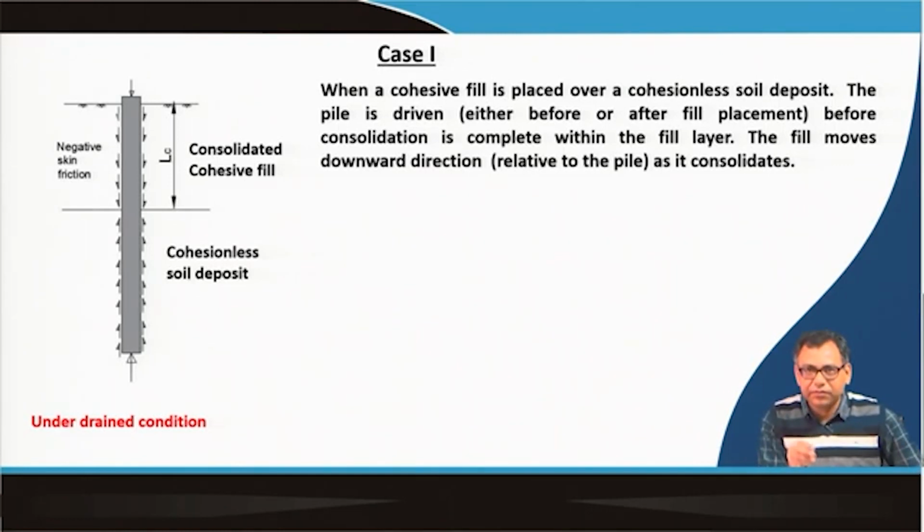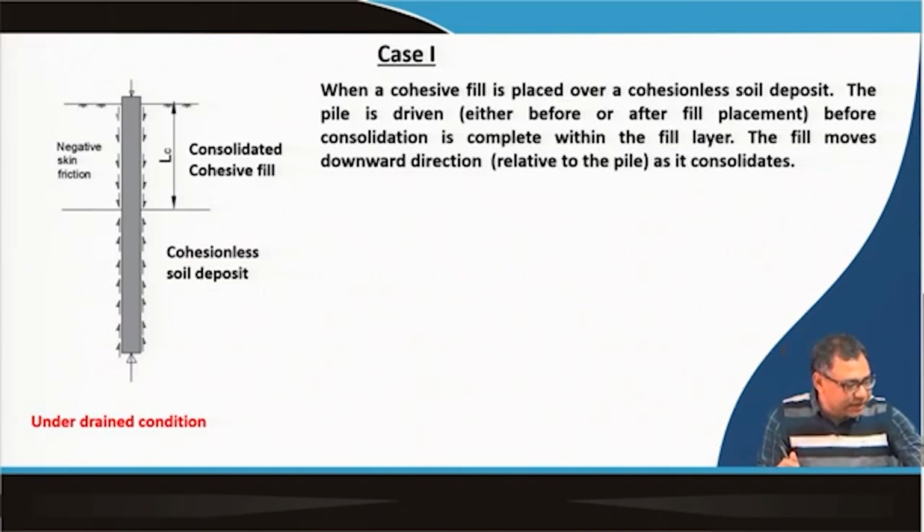The consolidation of the fill has started, or has already been started, but it is not finished yet. That is why the fill material, the cohesive soil, will move in the downward direction. The movement of that fill is more than the movement of the pile, so overall this fill will move downward as it consolidates.